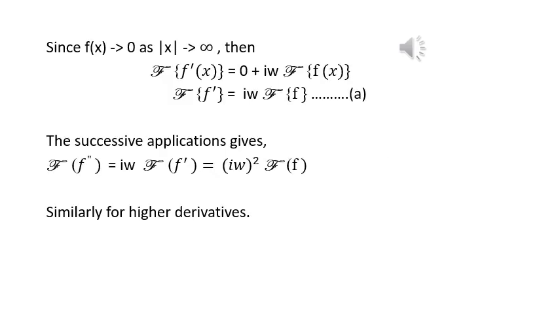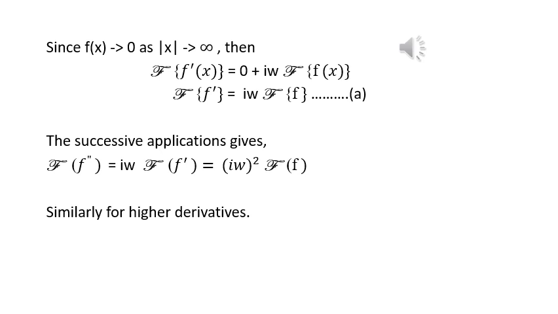Now from the previous slide, as modulus x tends to infinity, that means since the limits are from minus infinity to infinity, f of x tends to 0. Therefore, we will get the Fourier transform of f dash of x is equal to 0 plus i omega into the Fourier transform of f of x, which was the Fourier transform equation in the previous slide.